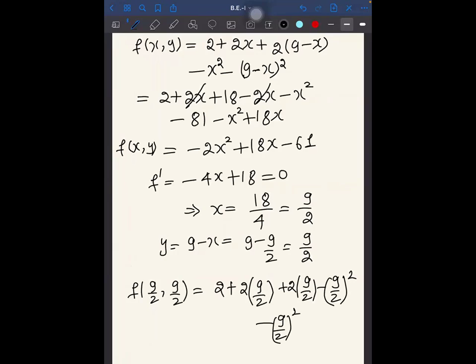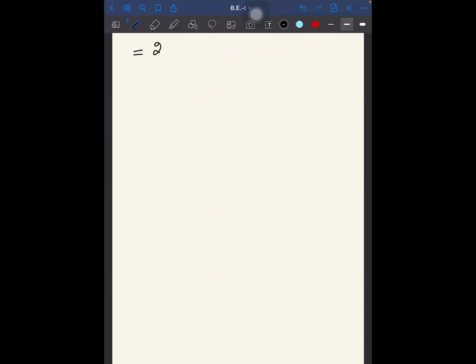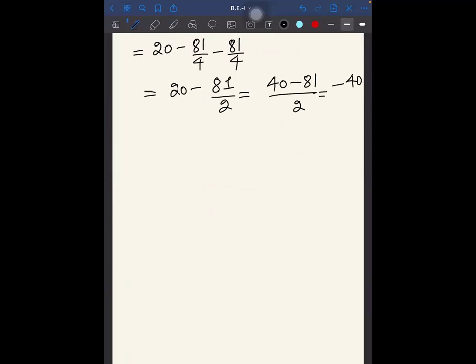So this becomes 18 and 18, that is 20 plus... 2 plus 18 plus 18, 38... so 20 minus 81 by 4 minus 81 by 4. So 20 minus 81 by 2, that is 40 minus 81 by 2. This becomes minus 41 by 2.